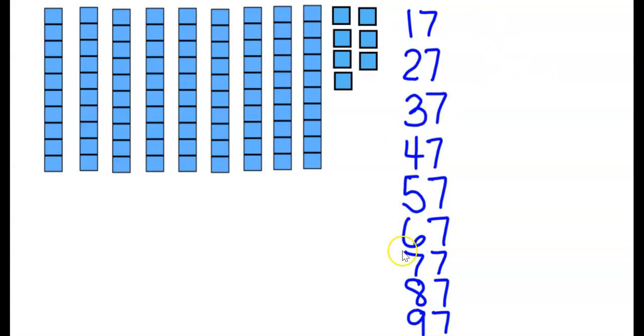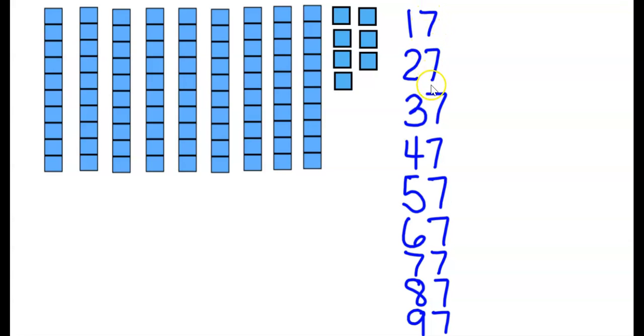Let's look over here at our numbers as we increased and added a 10 rod every time. What do you notice? I'm noticing that some numbers are increasing. Which digit increased? Did one stay the same?